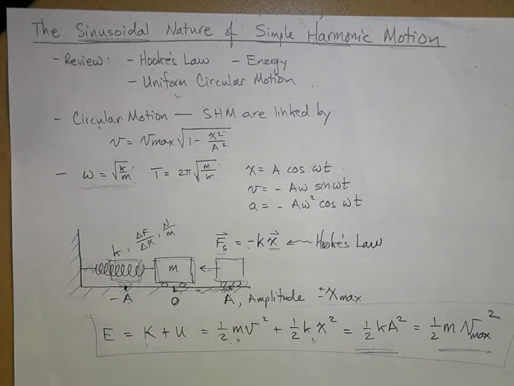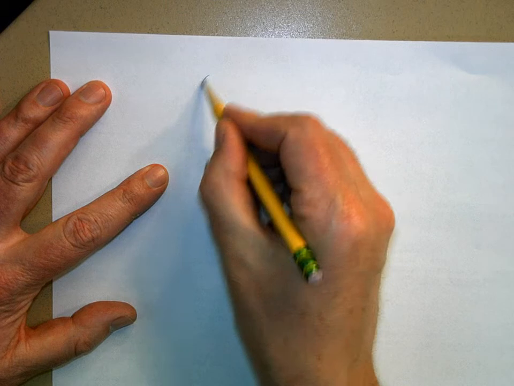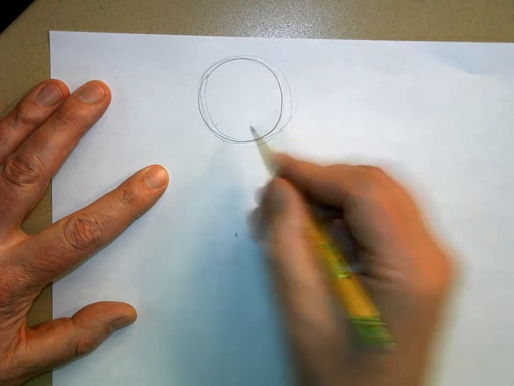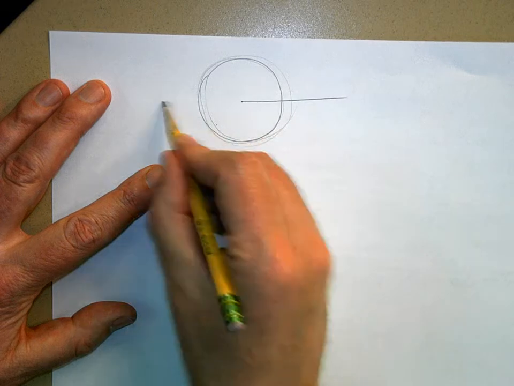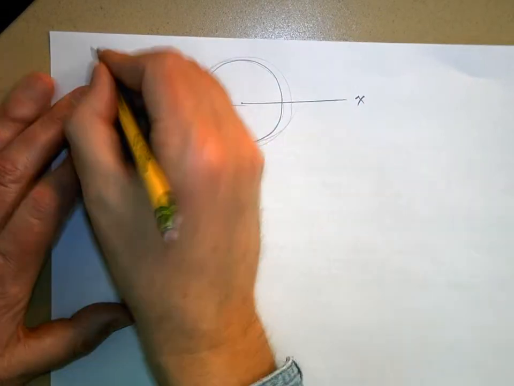Now, completely different topic here. Let's review circular motion. So here's a circle, and here's the center of the circle, and I'm going to call this, very important, the x-axis. So this is circular motion.